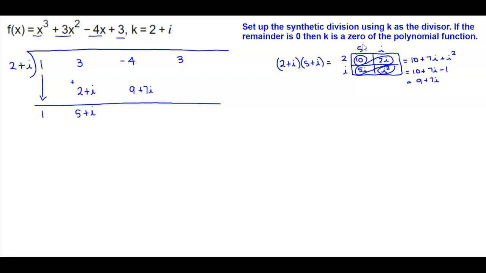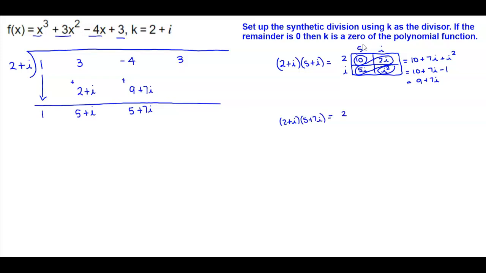Now we're going to take 9 and then subtract 4, or -4 plus 9, which is 5 plus 7i. And now we're going to multiply those together. So we're going to take 2 plus i, and we're going to multiply that by 5 plus 7i.